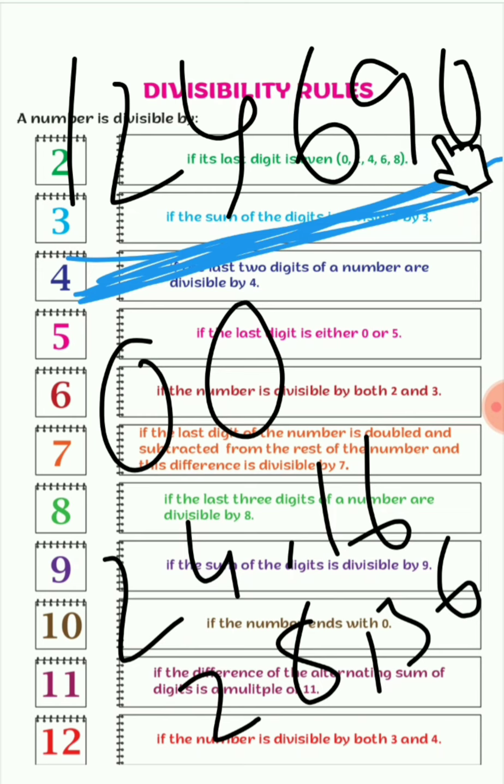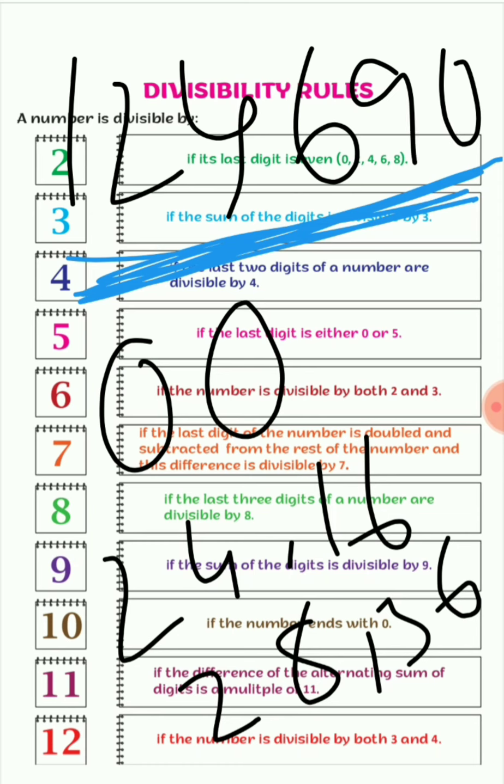We just check the last 2 digits of the number. The last 2 digits are not 0 0. What is the number consisting of the last 2 digits? The last 2 digit number is 90. Is 90 divisible by 4? No, 90 is not divisible by 4. So both rules failed. Hence this total number is not divisible by 4.